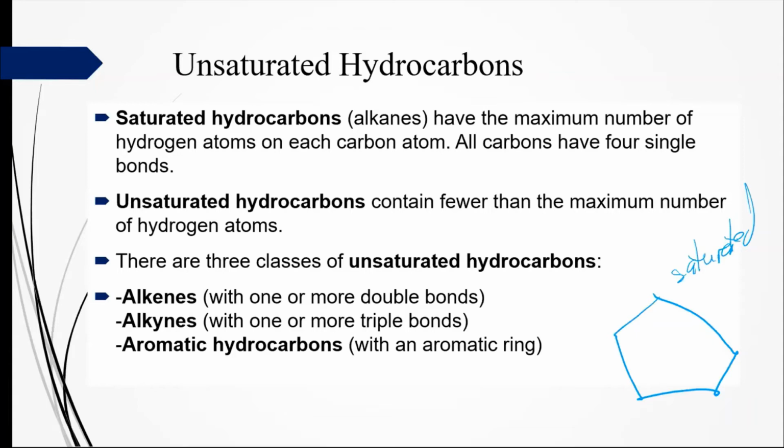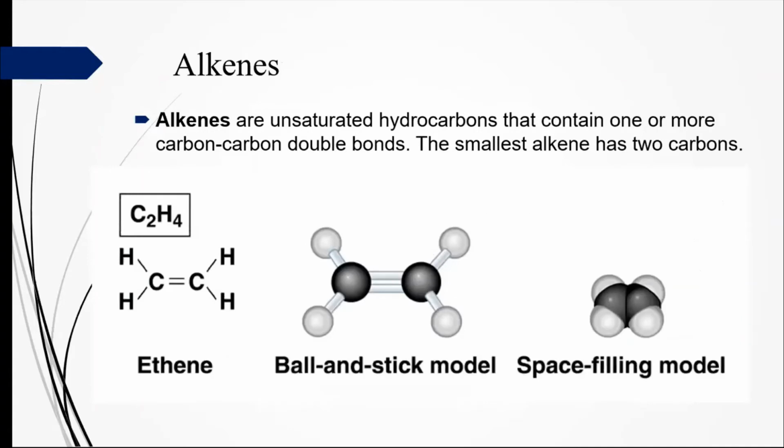They have 2 single bonds to the carbons and 2 single bonds to hydrogens, but none of them have a double bond. If we add in a double bond like this, now we're going to have an alkene, and now we're going to be unsaturated. So remember, alkenes are a double bond, and they're going to be part of our unsaturated ones.